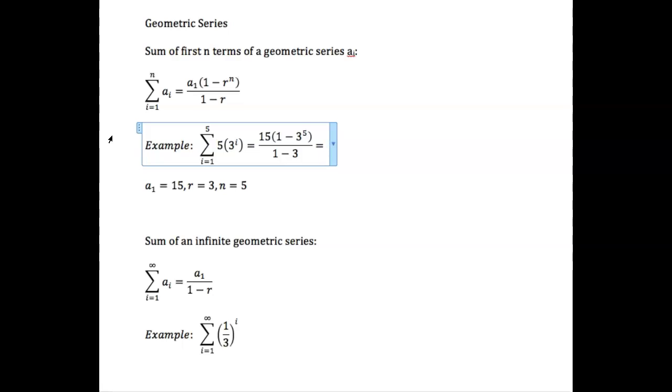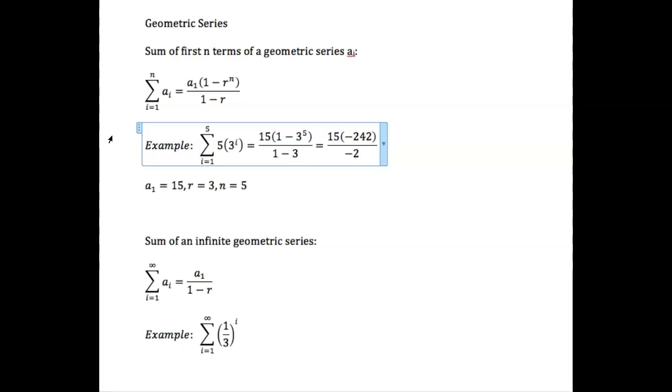Well, let's see. 3 to the 5th power is 243. So I have 15 times 1 minus 243, which is negative 242, divided by 1 minus 3, which is negative 2. But those are just numbers. Put them in a calculator.